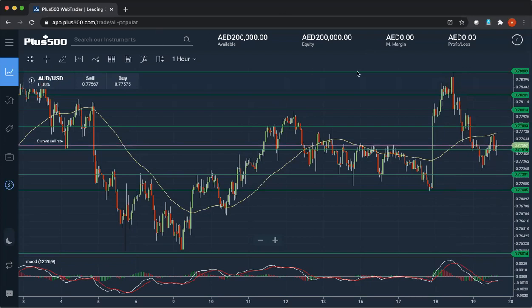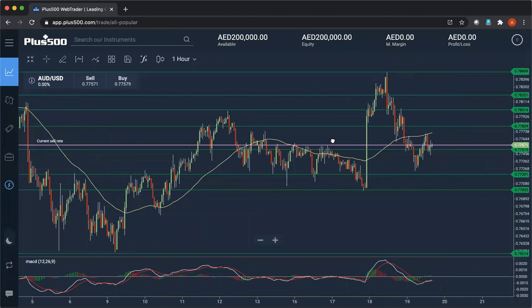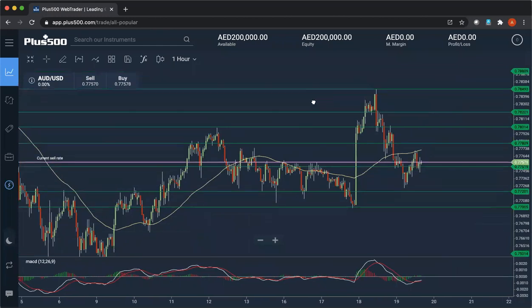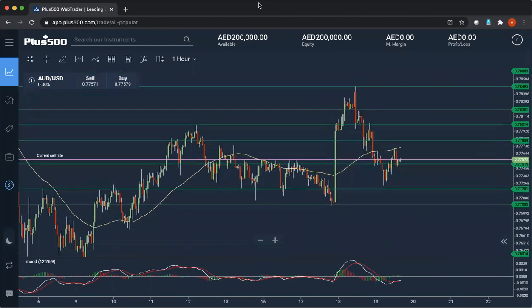So in Aussie dollar, we can see in this 1 hour chart, the order block is here.